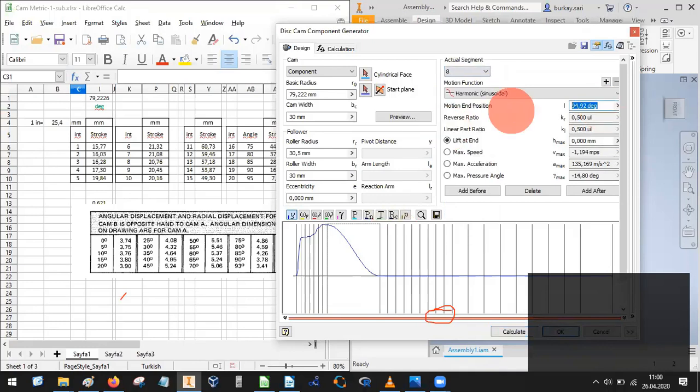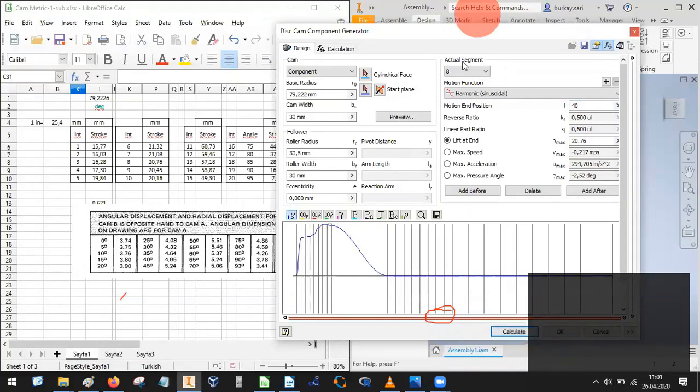It is ending at 40 degrees, ending position, and it has the 20.76. Hit the calculate. One by one, we are going to make the entries.